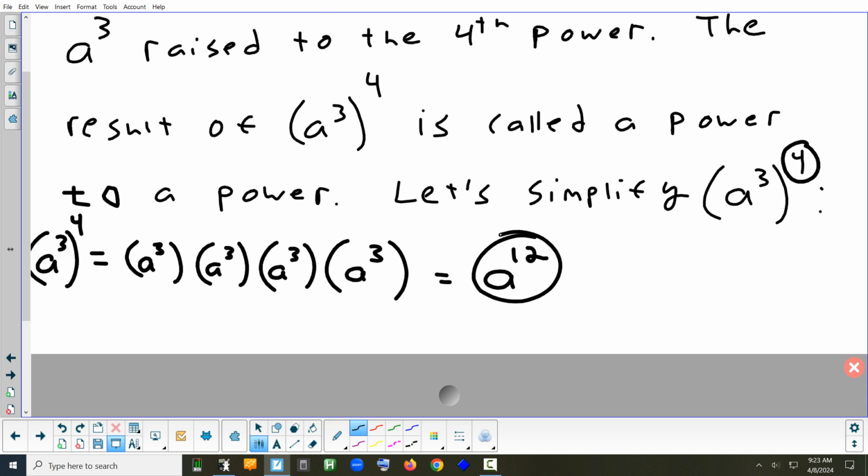And that is the answer when you raise a to the 3rd to the 4th. Now, we don't want to have to write it out like that every time, especially if it was to the 40th power. It's going to take forever to write all those down. So the exponent of my answer was a 12. What were the two numbers I started with as exponents?